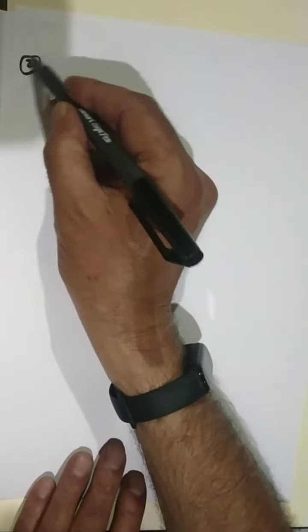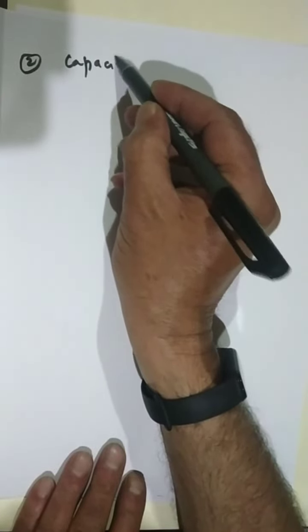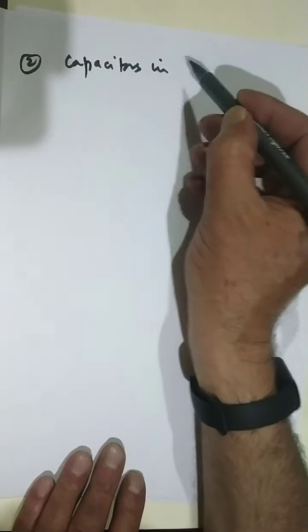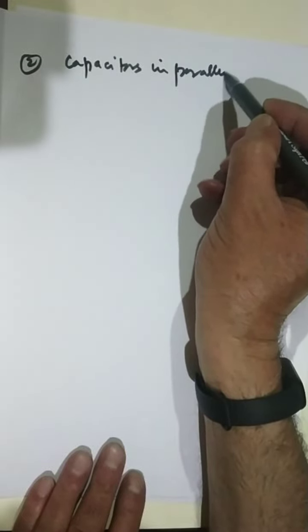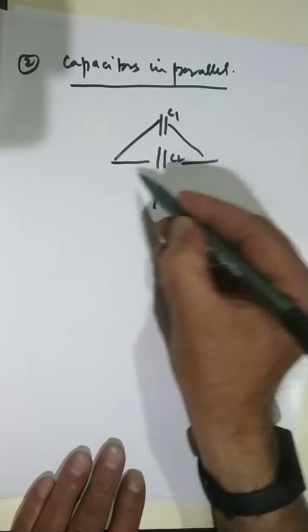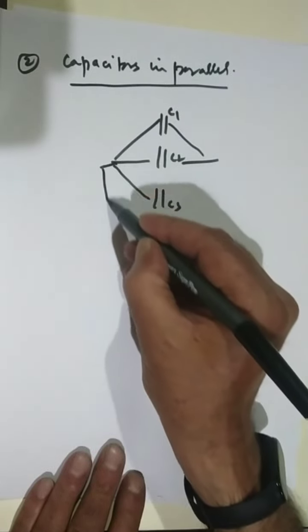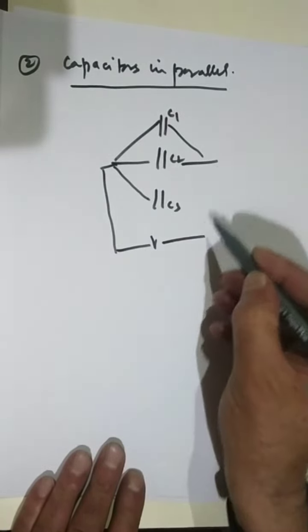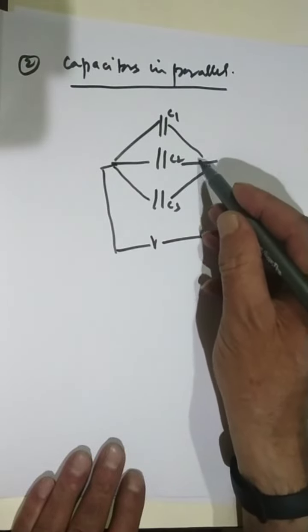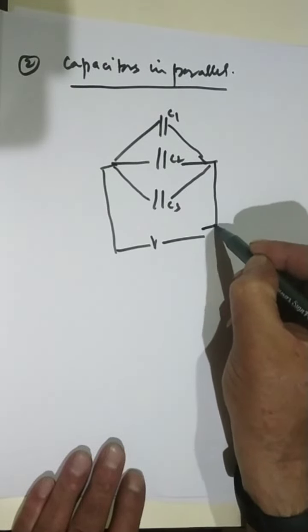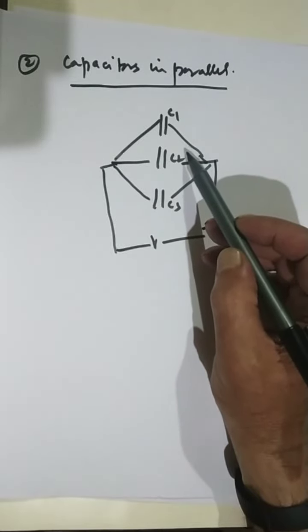capacitors in parallel. So let us suppose that we have three capacitors having capacities C1, C2 and C3 connected to a common potential like this. Now this is the parallel arrangement of three capacitors.